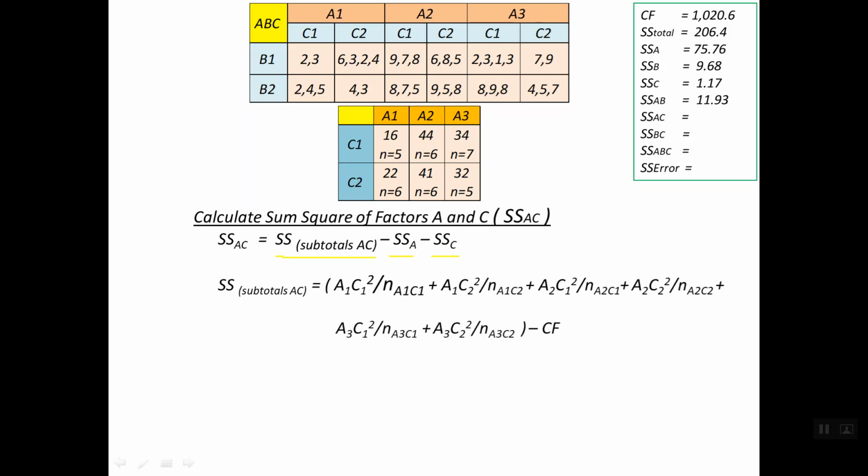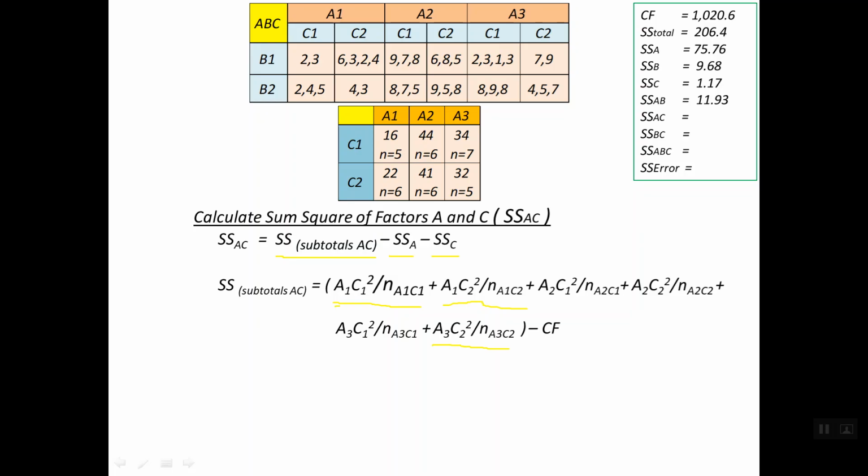For example, these are the calculations for A1, C1. These are the calculations for A1, C2. And finally, this is the calculation for A3, C2.